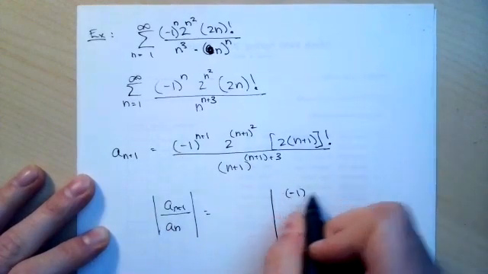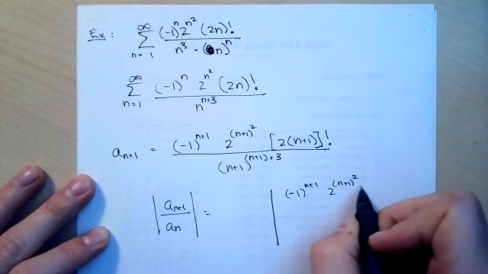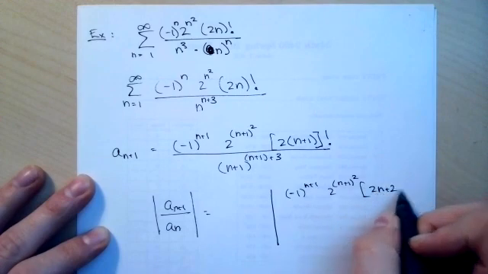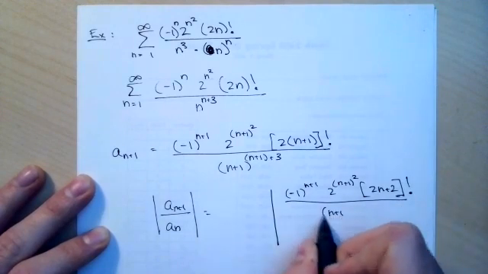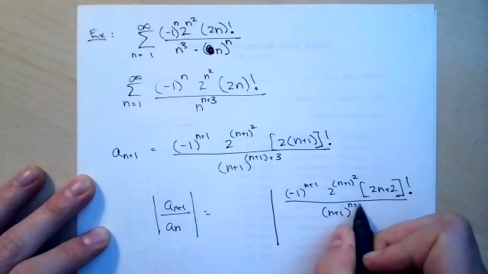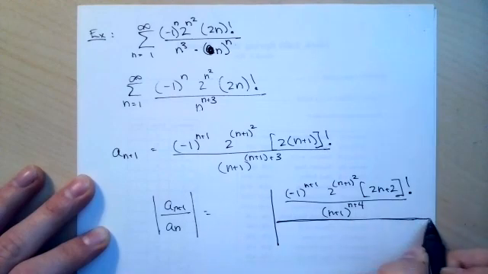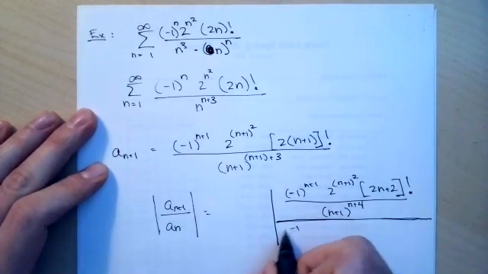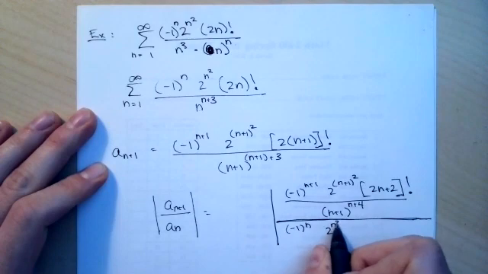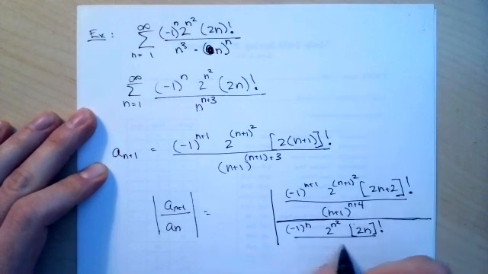We're going to have 2 to the n plus 1 squared times 2n plus 2 factorial, divided by n plus 1 to the n plus 4, all over 2 to the n squared, 2n factorial over n to the n plus 3.